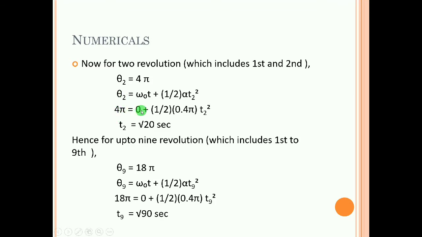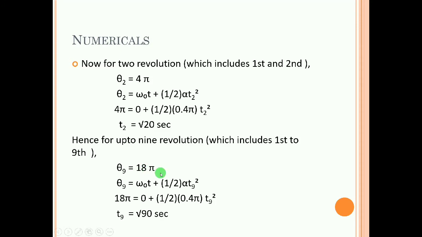So 4 pi equals 0, the first term will be 0 here, again 1 by 2 alpha 0.4 pi t2 square, as we are calculating t2 square. We will balance the equation, cancel pi, so we are getting t2 equal to square root of 20, right? Similarly, if you are writing for the third, or for every revolution, for the 9th revolution it will be 9 times 2 pi. So theta 9 will be equal to 9 into 2 pi, that is 18 pi.